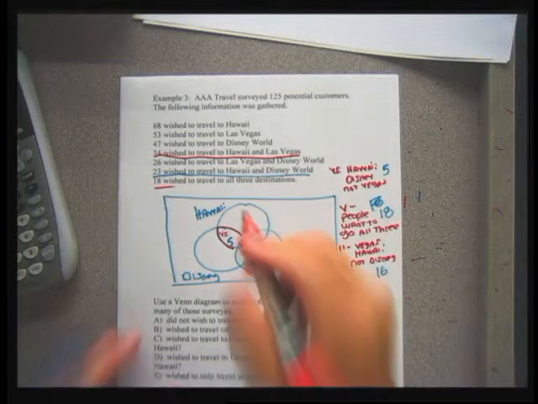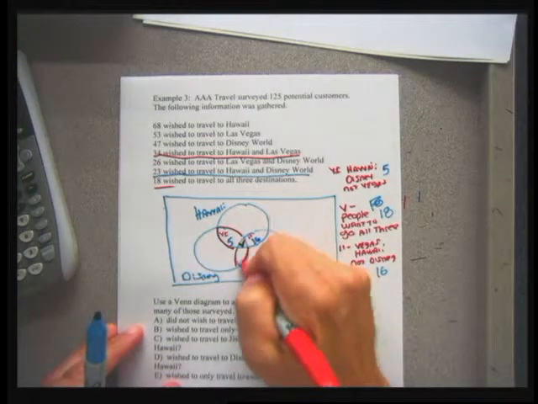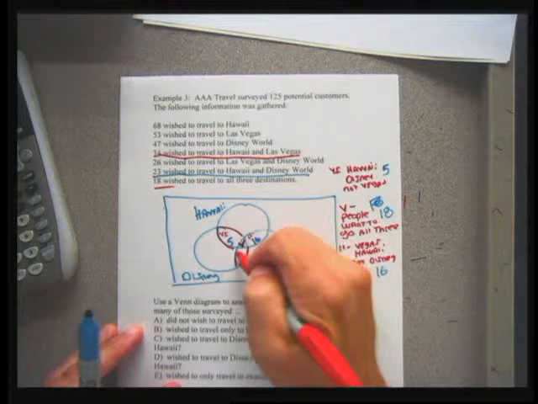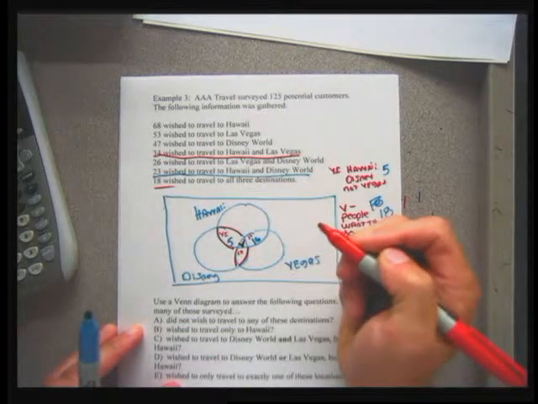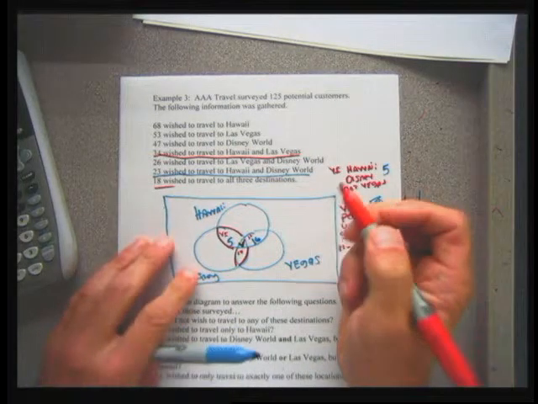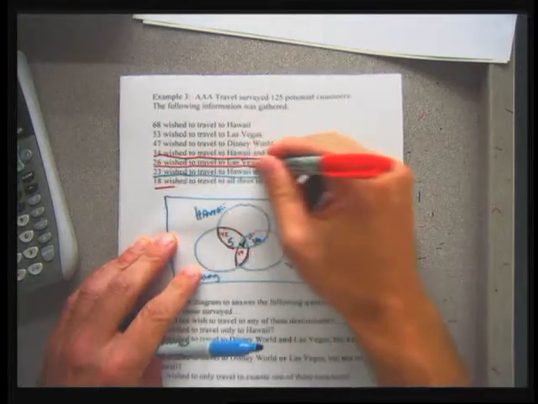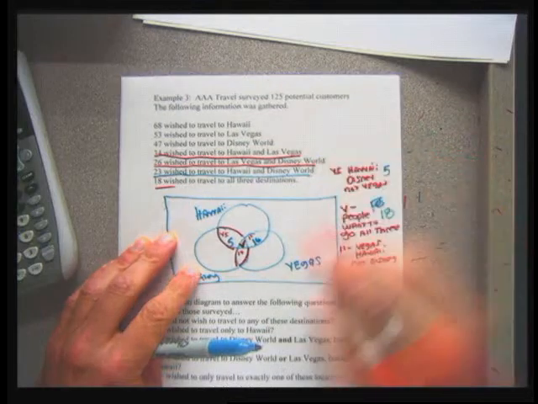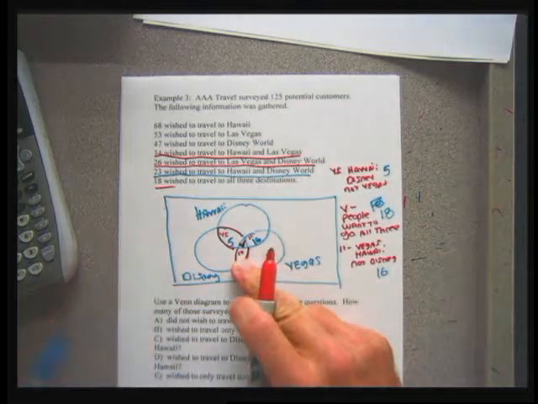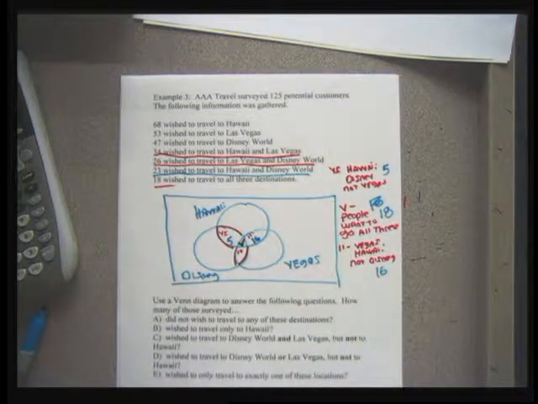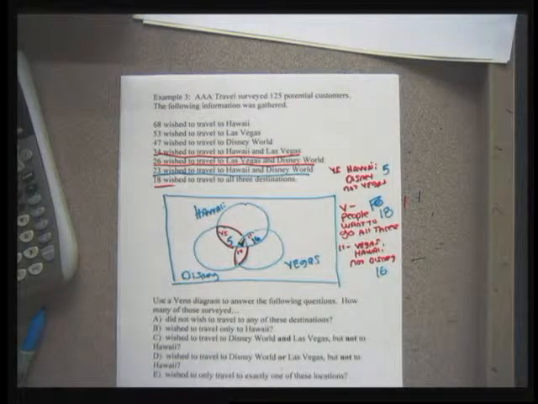Now I'm going to look at this region, which was numbered as region 4, and that's Disney and Vegas. If I look at Disney and Vegas, I see this 26. That's not a number for there. That 26 that says 26 wish to travel to Disney and Vegas, some of them are okay with going to all 3.